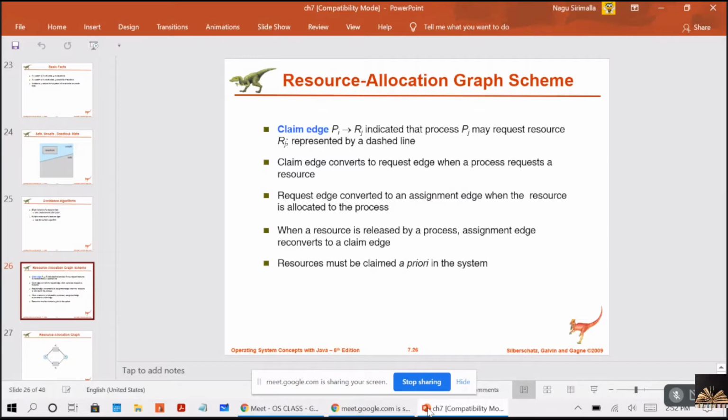So the resources must be claimed a priori in the system, that is, before the process Pi starts executing, all its claim edges must already appear in the resource allocation graph. So if the process says it will need these in the future, currently we are not assigning all the resources at a time. Initially we are allocating some resources and the remaining we are marking as claim edges, right?